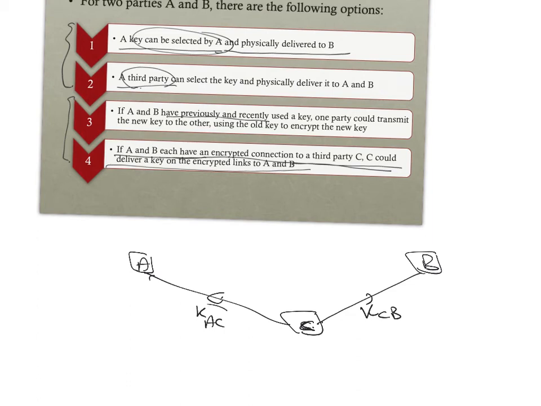So I can use this to encrypt a key AB, and then send key AB. Then and only then A and B can talk together. This is the most common method in distributed systems.